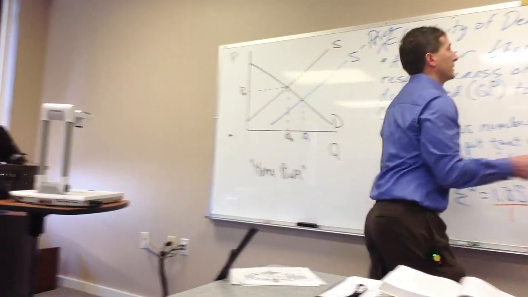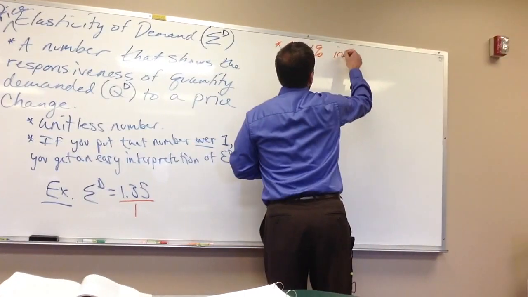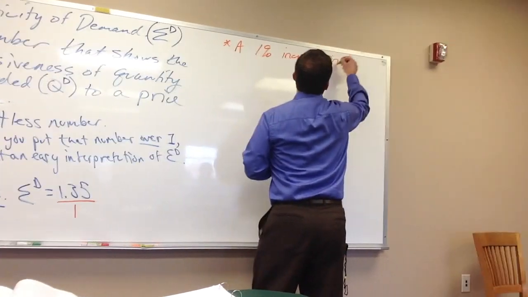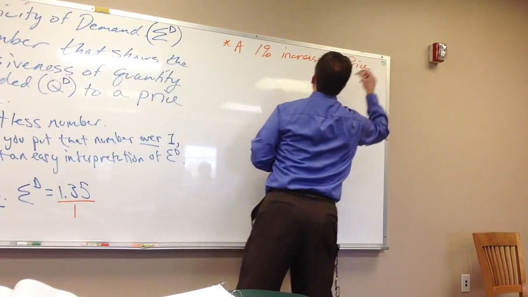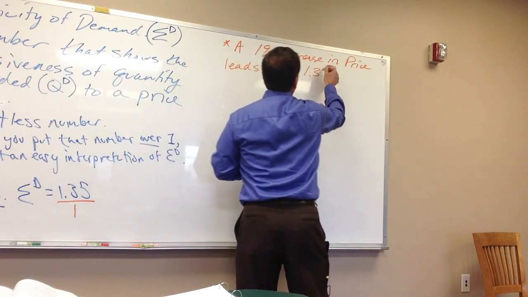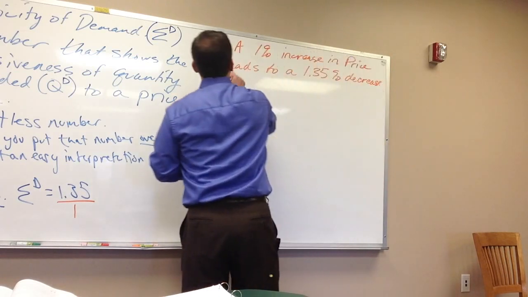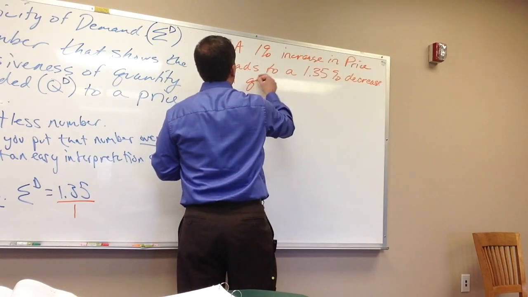Then you get your interpretation: a 1% increase in price leads to a 1.35% decrease in quantity demanded.